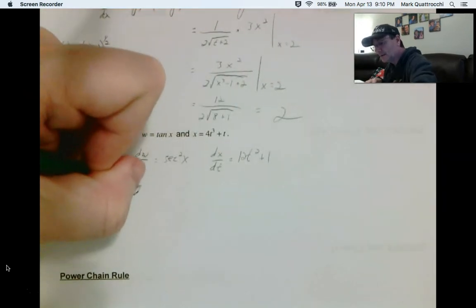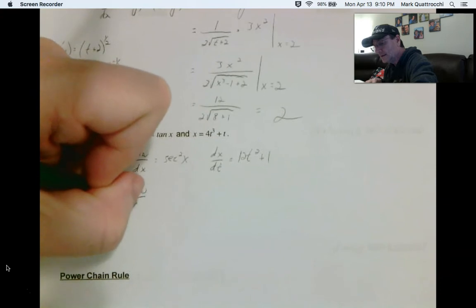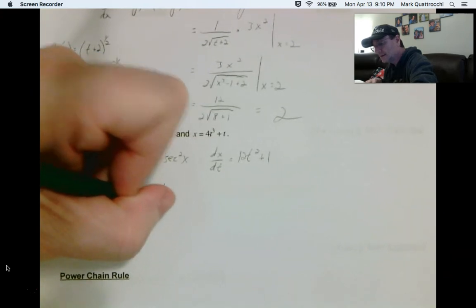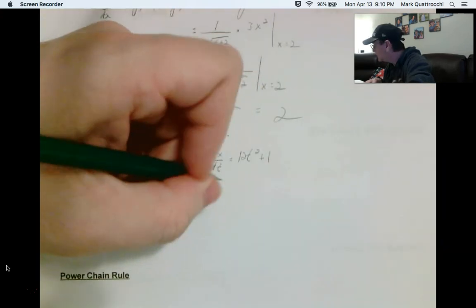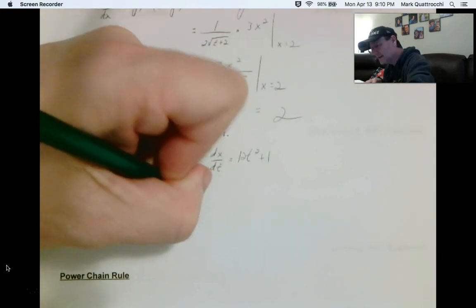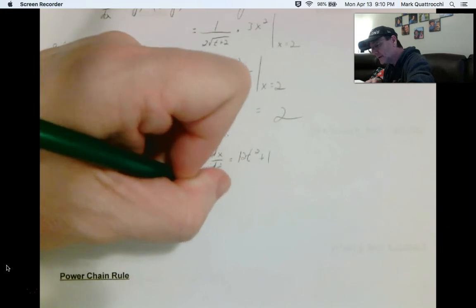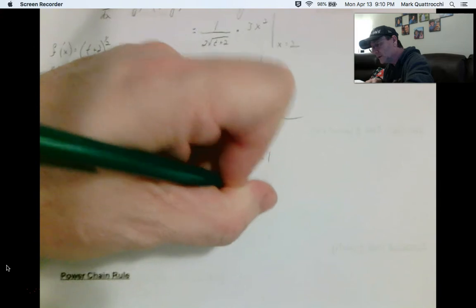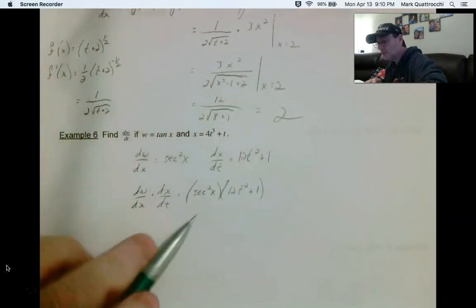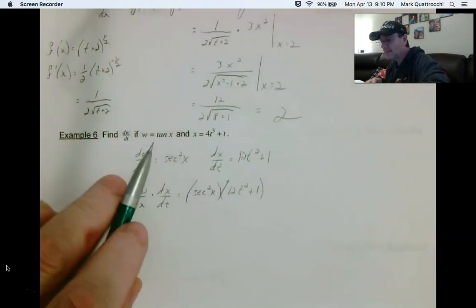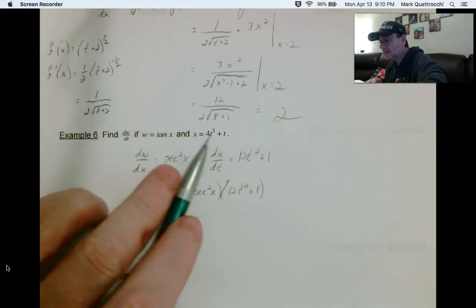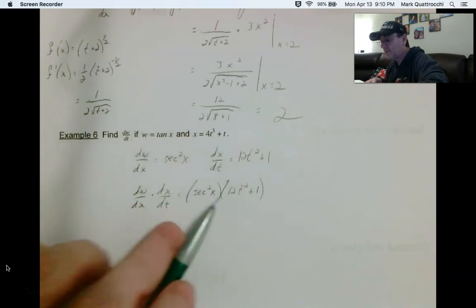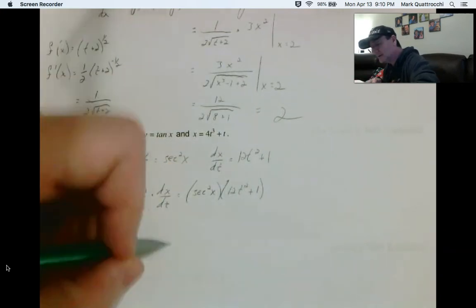So dw/dx times dx/dt equals secant squared x times 12t squared plus 1. And we know what x is. x is 4t cubed plus t. So we can replace this x.